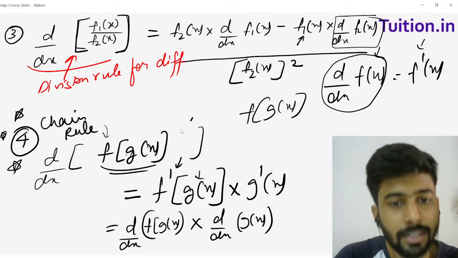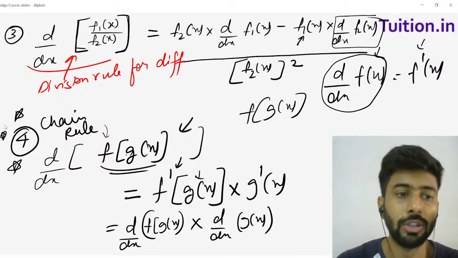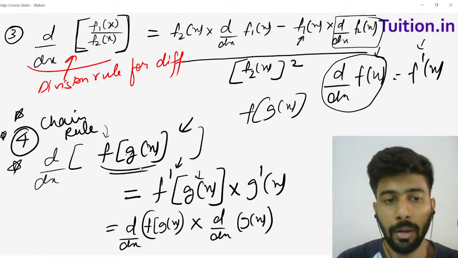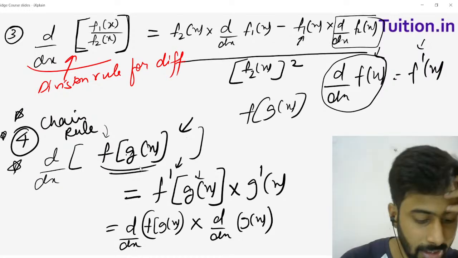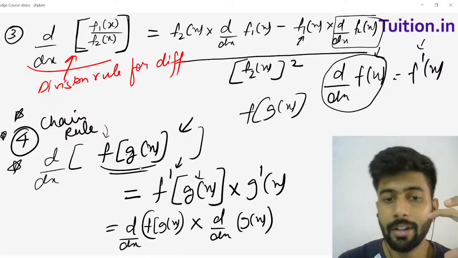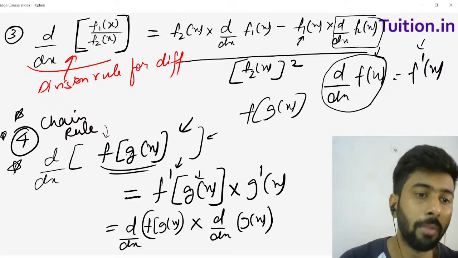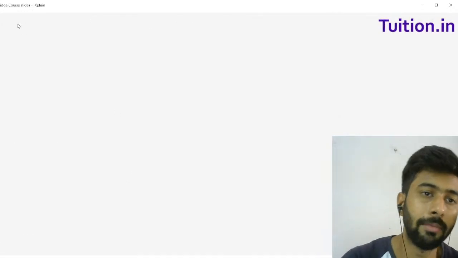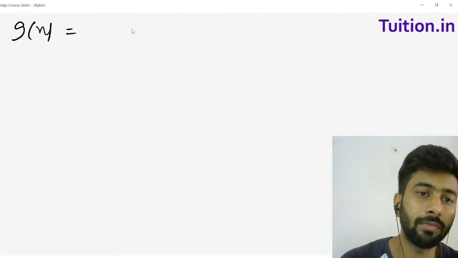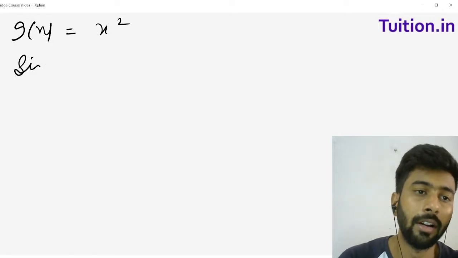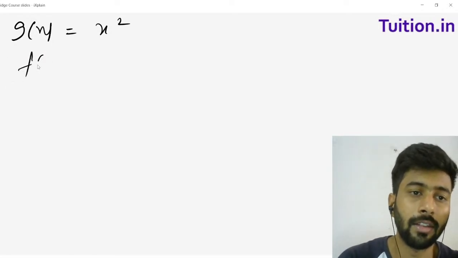Can we apply this analogy to three functions also? In fact, before applying this to three functions, let's first get more clear with what this means for two functions with the same problem. Let's say my g of x is x square. Let's say my f of x is sine x.